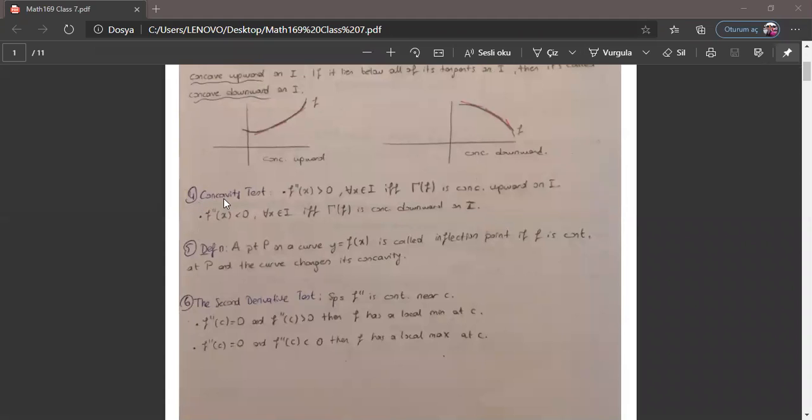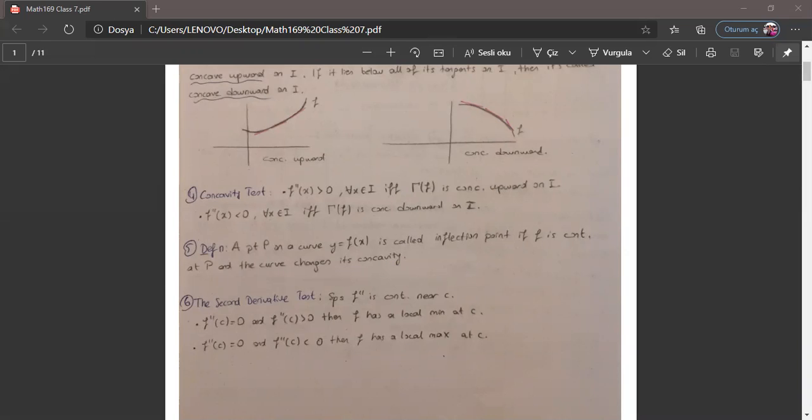Another recall, we have a concavity test. If f double prime, the second derivative of the function, is greater than 0, then its graph is concave upward. If the second derivative is negative, then it's downward. And we say that a point is an inflection point if the function is continuous at that point and its curve changes its concavity.